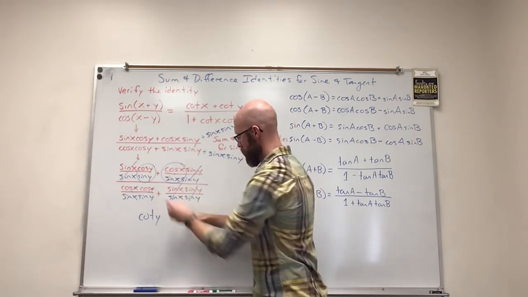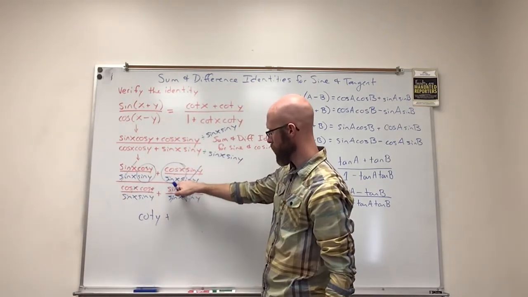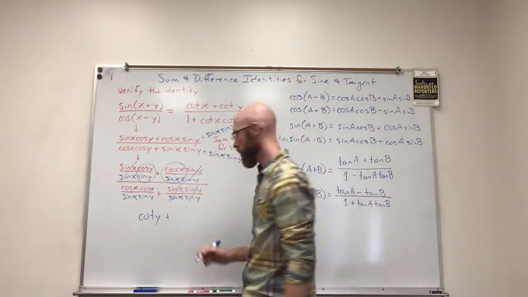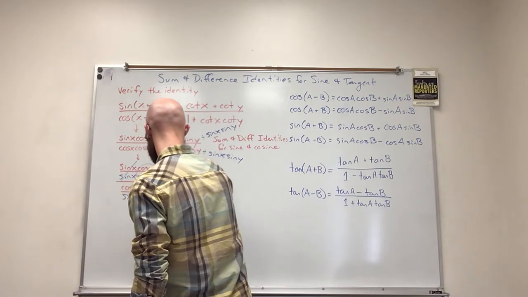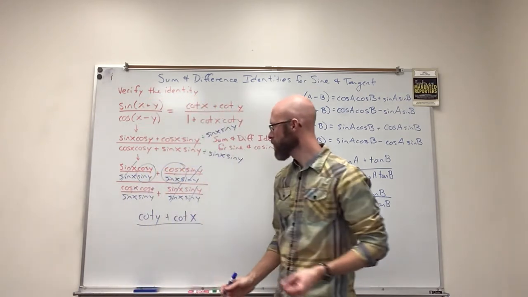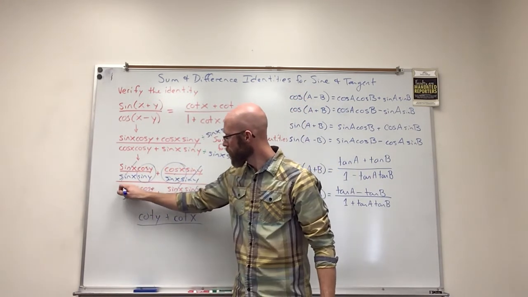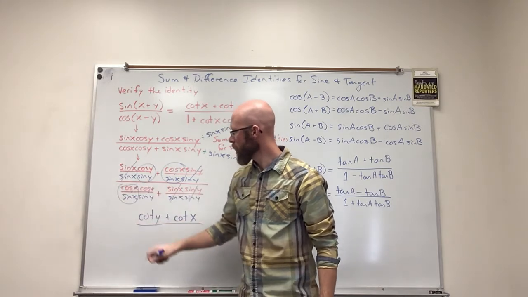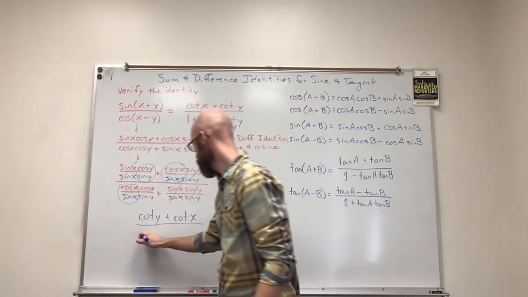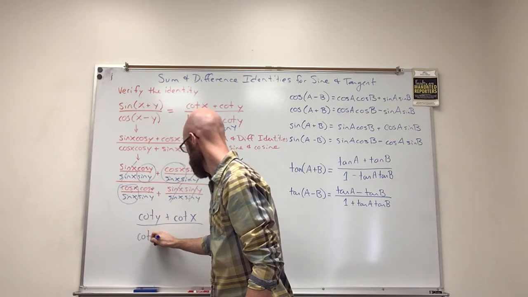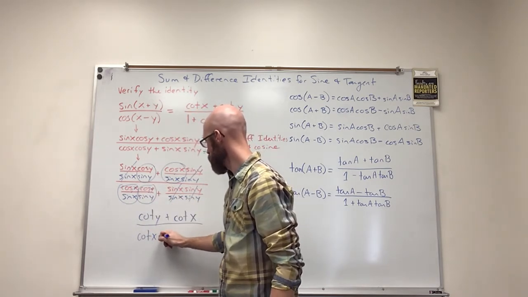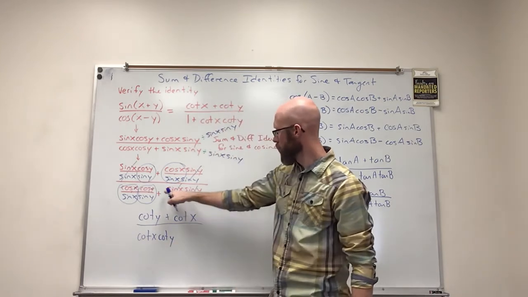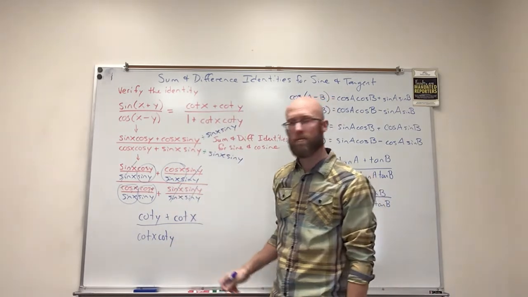Then I've got plus cosine x over sine x is cotangent of x. All right, now it's looking good. Here I've got cos x over sine x is cotangent x. Here I've got cos y over sine y is cotangent of y. And here everything canceled off, so I get 1 plus 1.